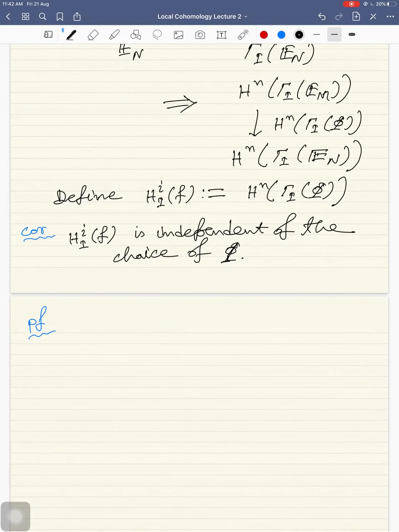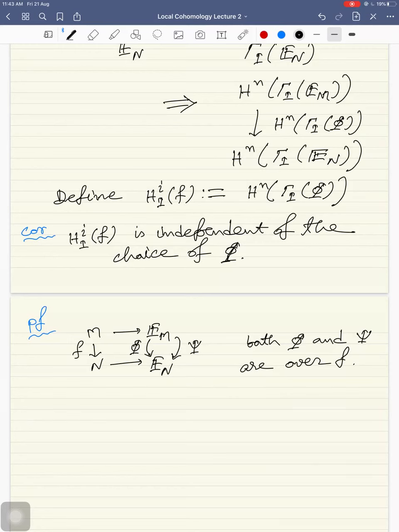So you consider M to N, and here you have Em, here you have En, and here you have F. Suppose you have two quotient maps, one is phi, another one is psi, and both phi and psi are over F. We have seen one proposition that any two quotient maps over the same morphism F are homotopic.